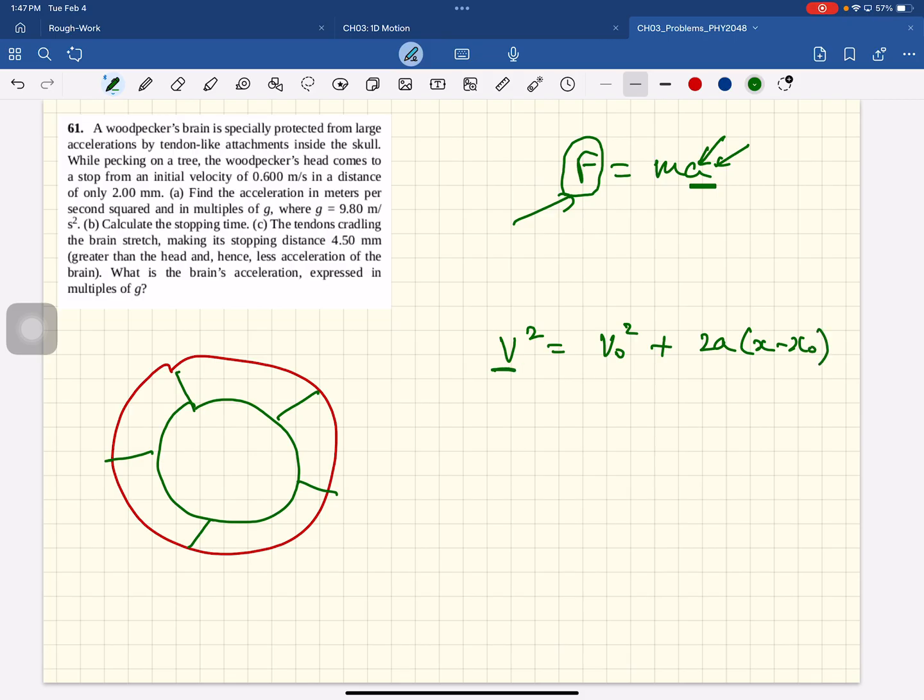Your initial velocity is the same, all that is the same. If you stop over a larger distance, if this is larger, the acceleration is smaller. So that's a common theme in a lot of your safety devices. You want to reduce the accelerations the person experiences.